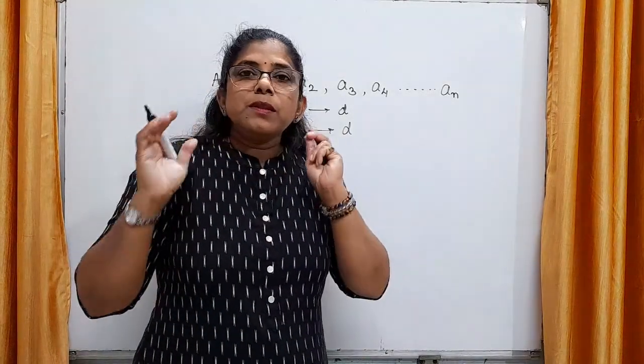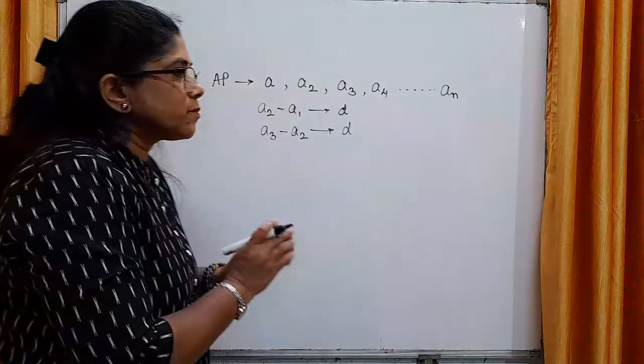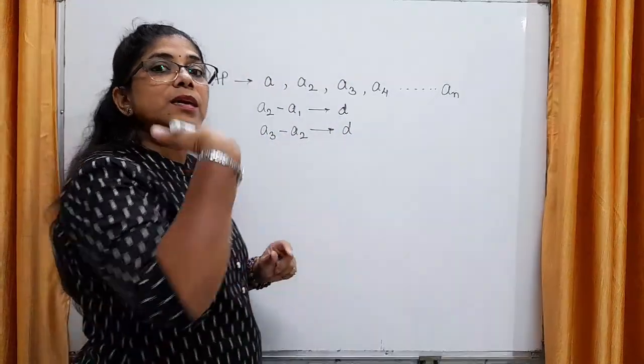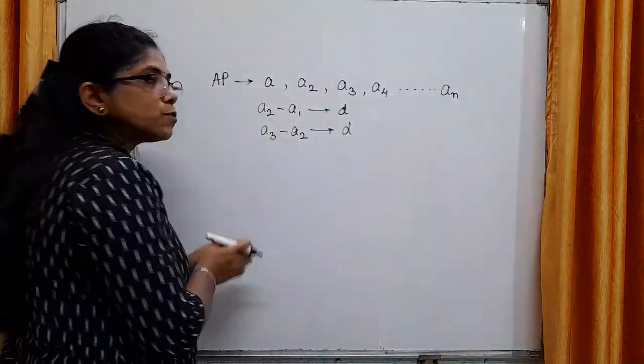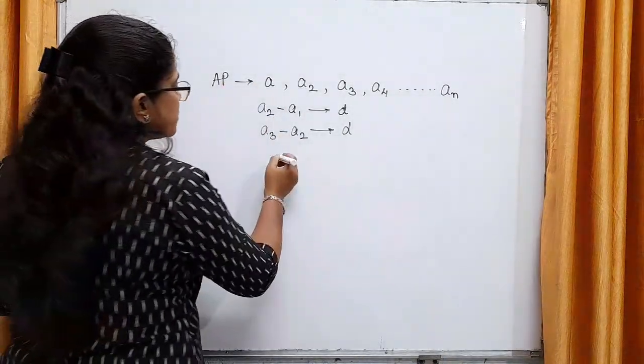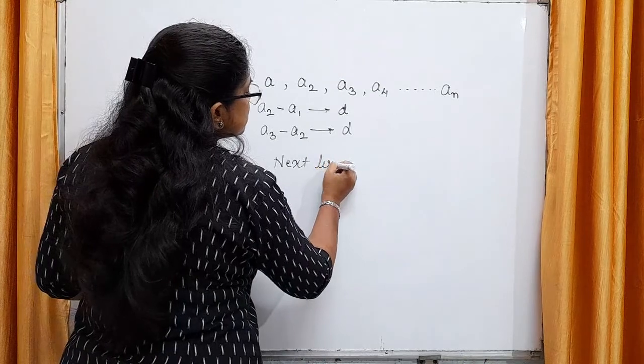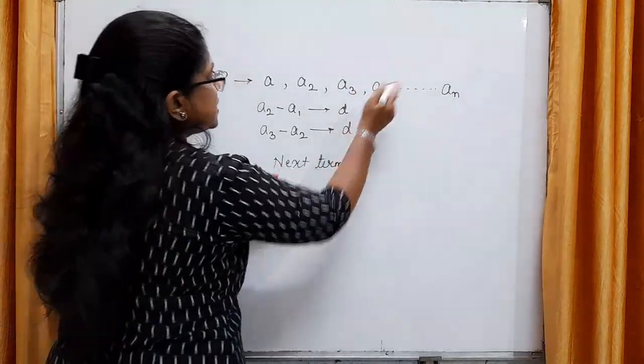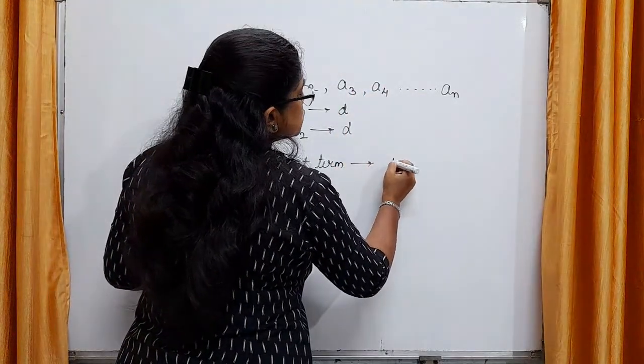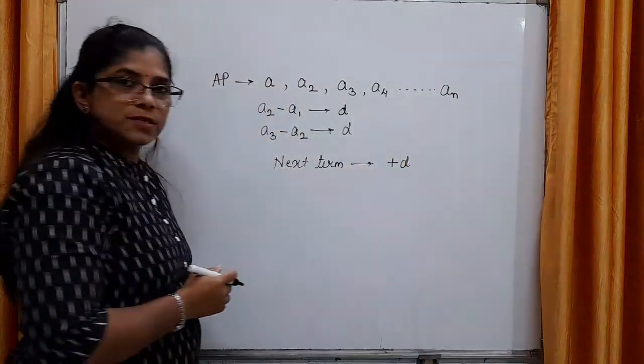Now, one more simple thing which you have to remember is how to find the next term. If you want to find the immediate next term, what you have to do is add the common difference.